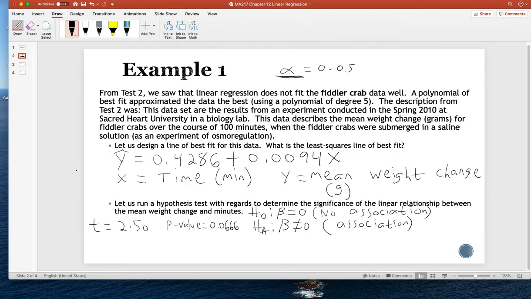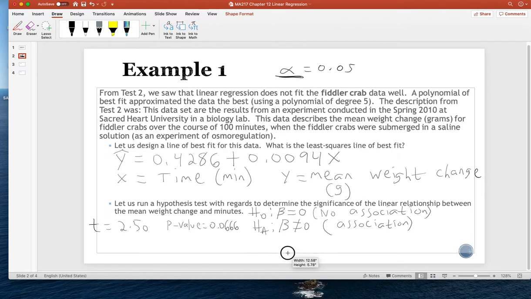So, because of that, the conclusion or interpretation that we can make of this would be, and let me actually type that on there so it's that much easier to see with regards to this data.